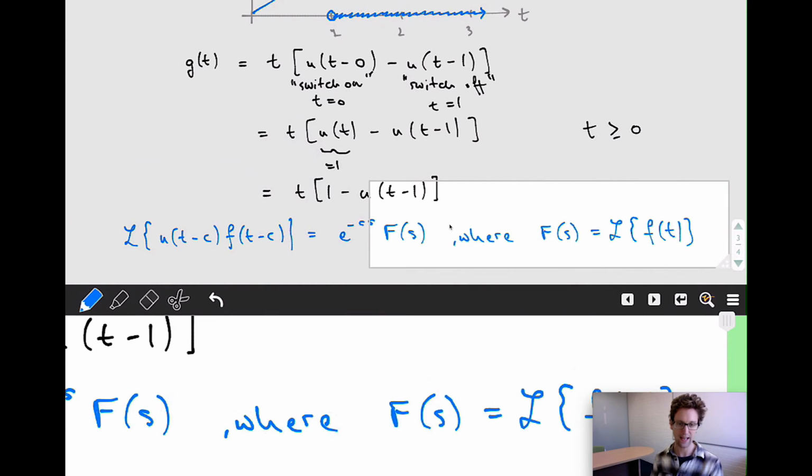So we recognize that as the second shifting theorem. It tells us that a shift by c and a cut at c is the same as multiplying by e to the minus c times s.